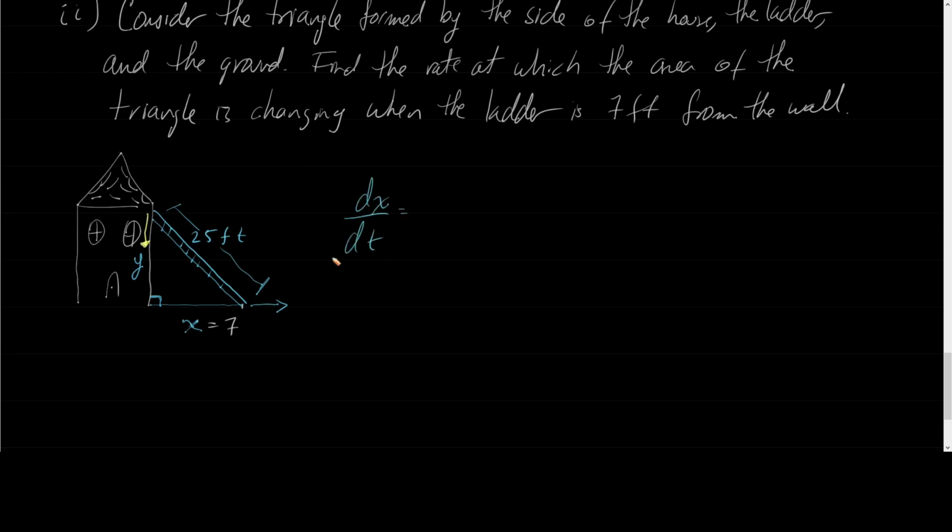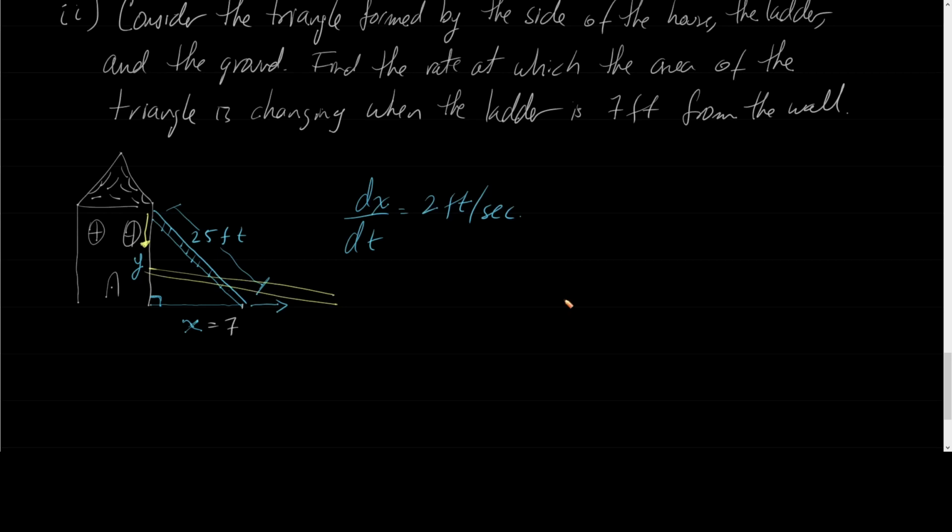We were given that it was 2, right? It was 2 feet per second. So again in this visual, this ladder is falling. So at some point it might look like this, right?